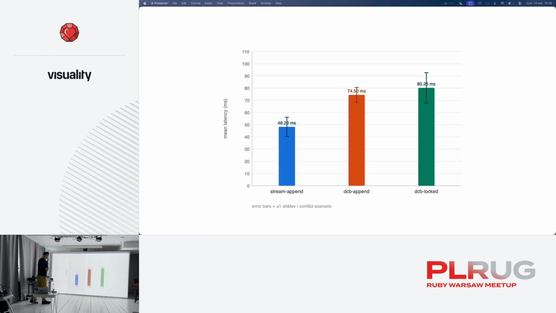But one thing to remember here, with DCB, we want to reduce the consistency boundary, thus reduce the possible contention. So overall, we should be getting less conflicts than on stream-based event stores. So even if the situation seems like worse in all conflict situations for DCB-based event stores, I think from the real-life world, it would be more balanced.